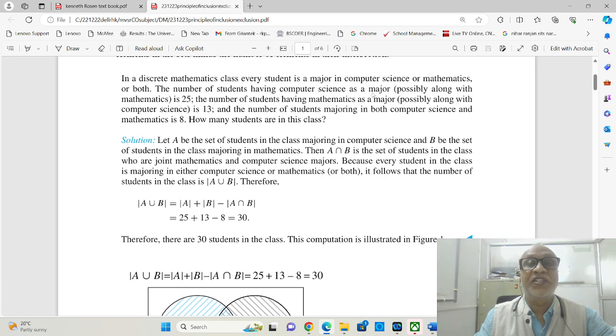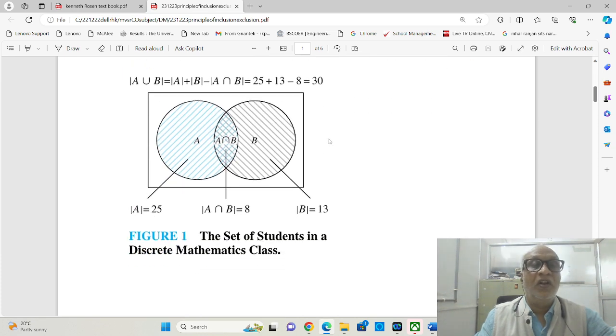Computer science majors are 25 students, mathematics majors are 13 students, and the students who are majoring in both computer science and mathematics are 8. We have to calculate how many students are there. We can have a look at the Venn diagram also.